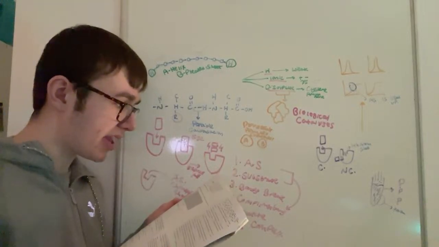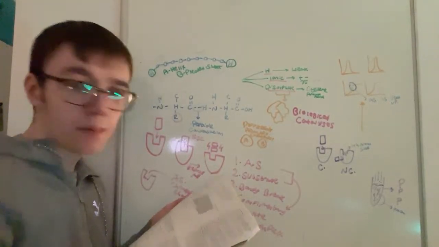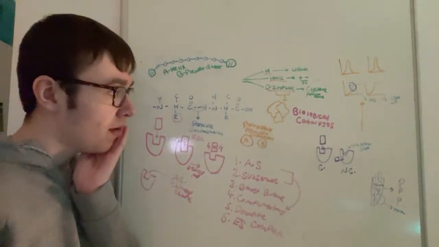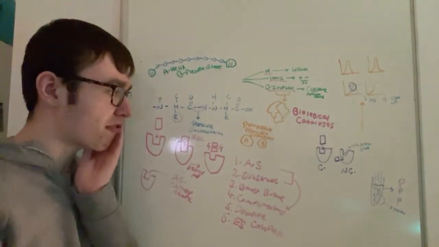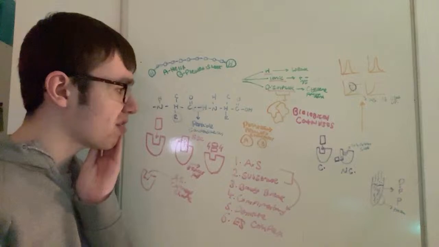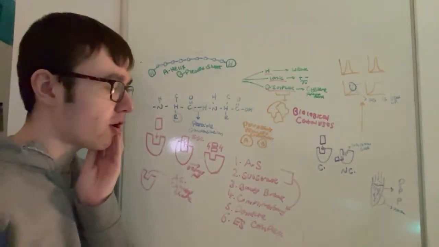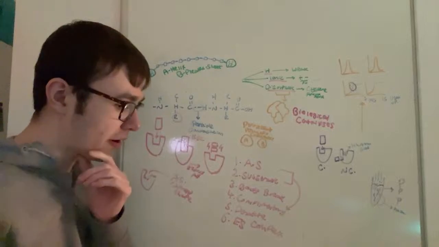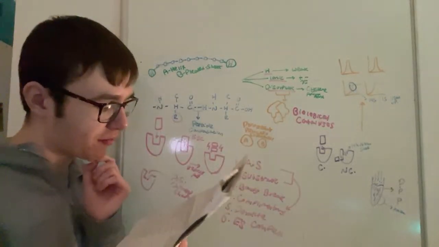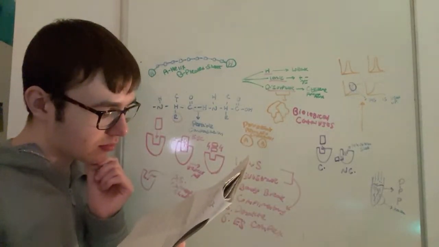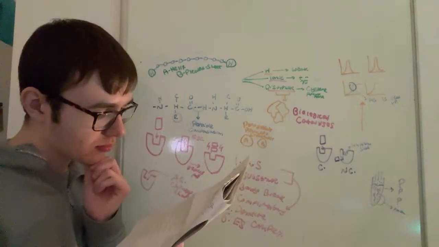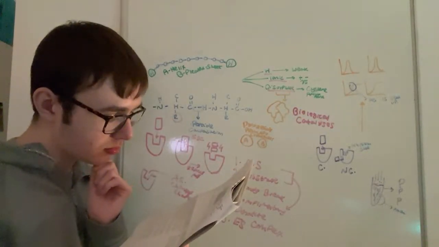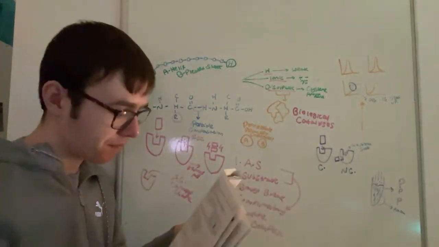This results in fewer enzyme substrate complexes being formed because the active site is no longer complementary with the substrate. So no more enzyme substrate complexes get formed. And that is it.